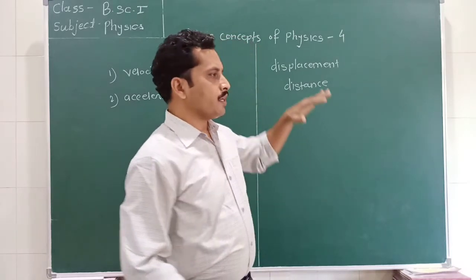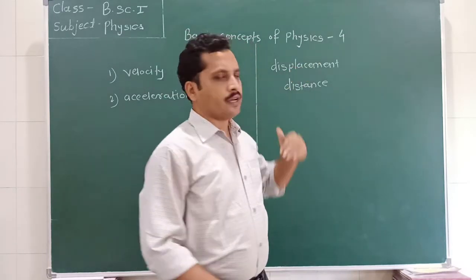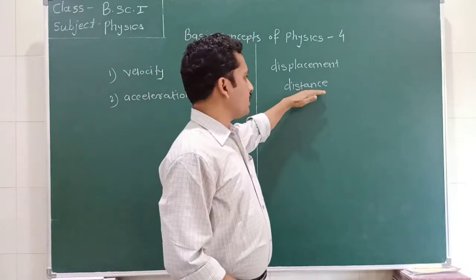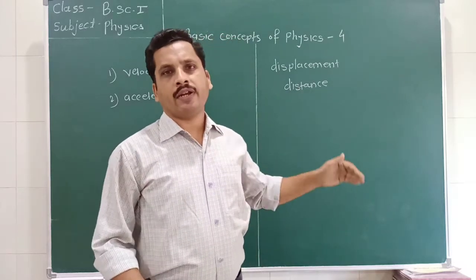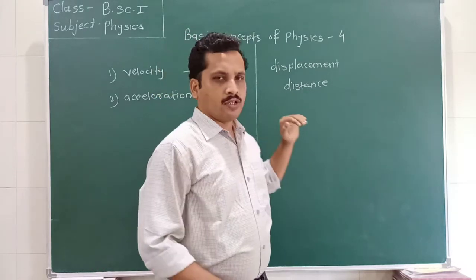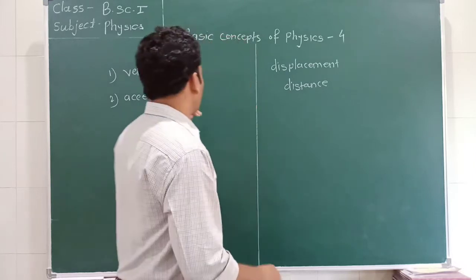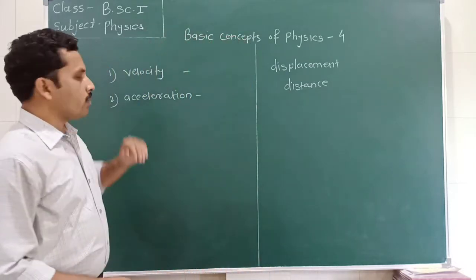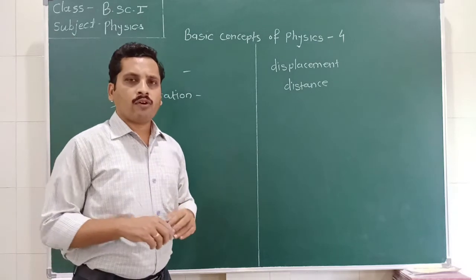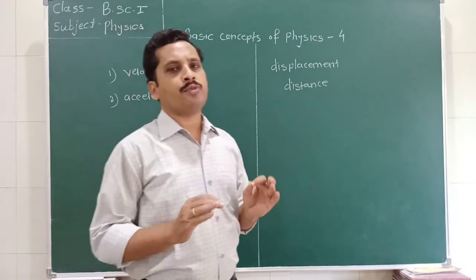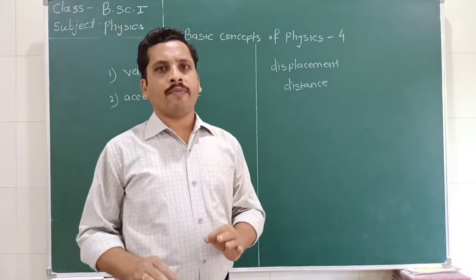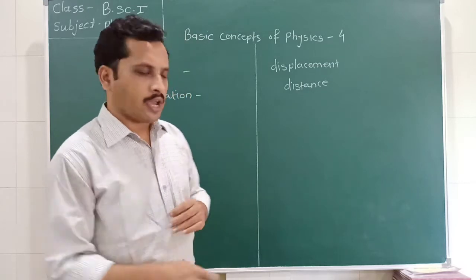It means displacement depends upon the direction, but distance is independent of the direction. Today we are going to discuss what we mean by velocity. Velocity is the rate of change of displacement with respect to time.